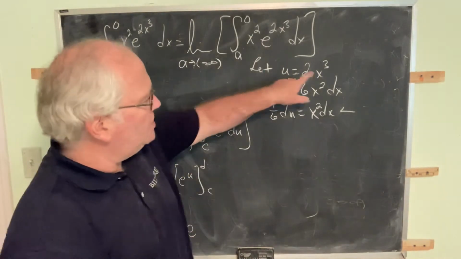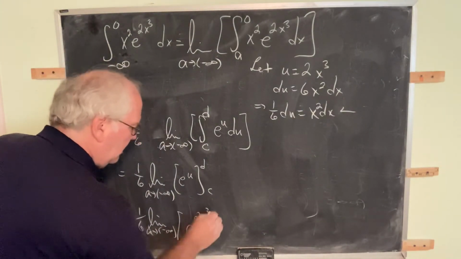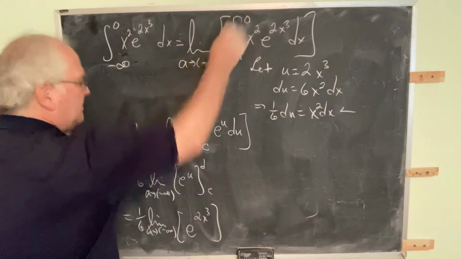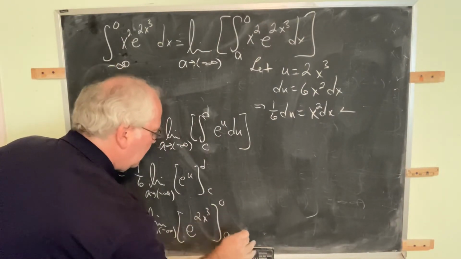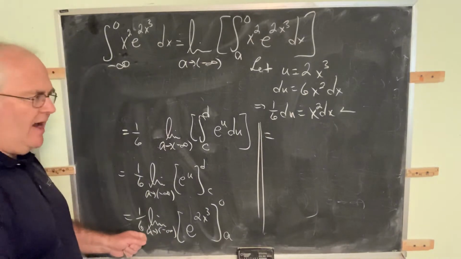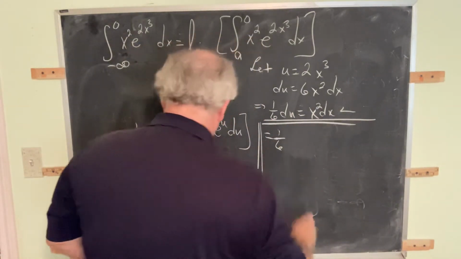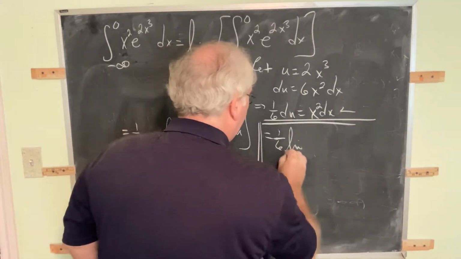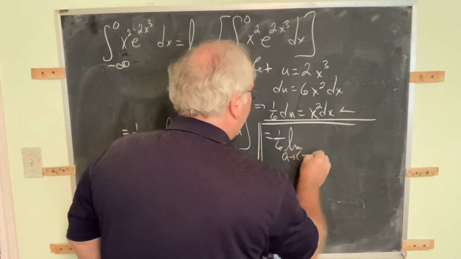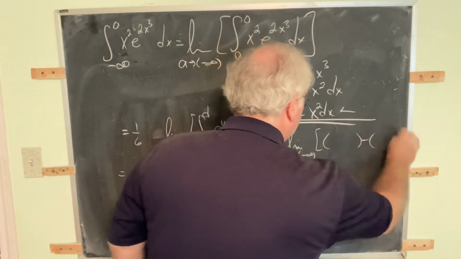The original variable, u, was equal to 2x to the third. And now this is evaluated from a to 0. And so what's our rule? Evaluate at the top minus evaluate at the bottom. So we have 1/6, still have the limit as a is still going to negative infinity, but now evaluate at the top minus evaluate at the bottom.